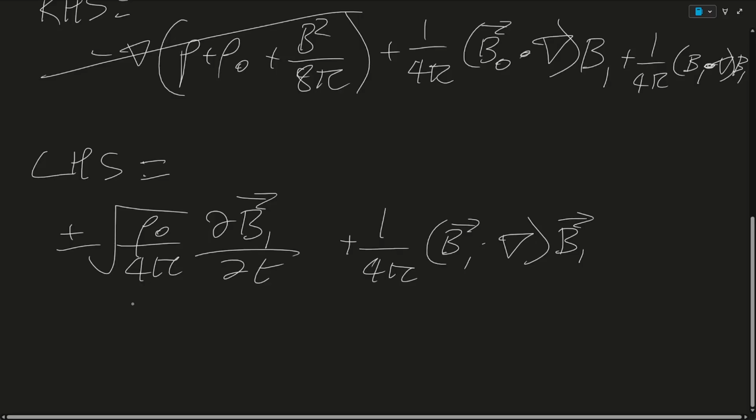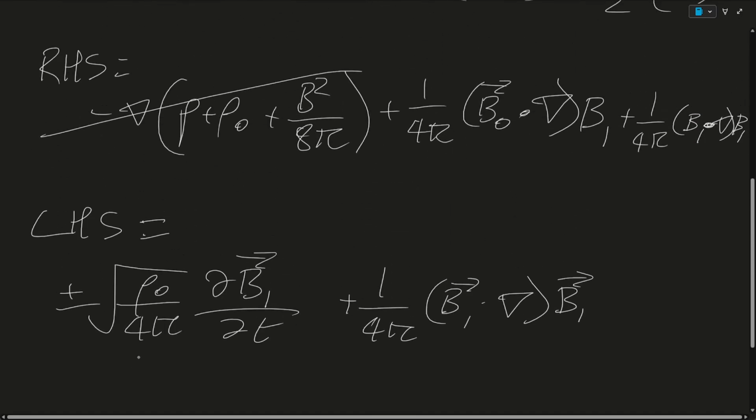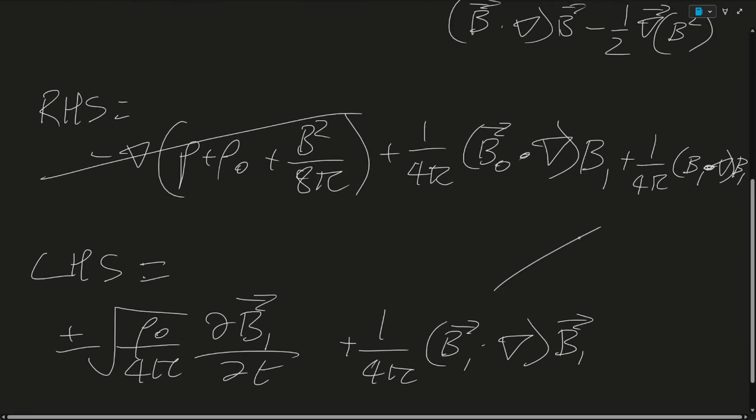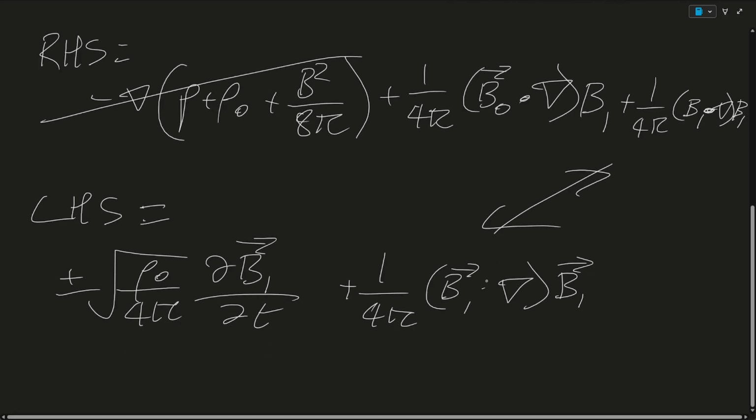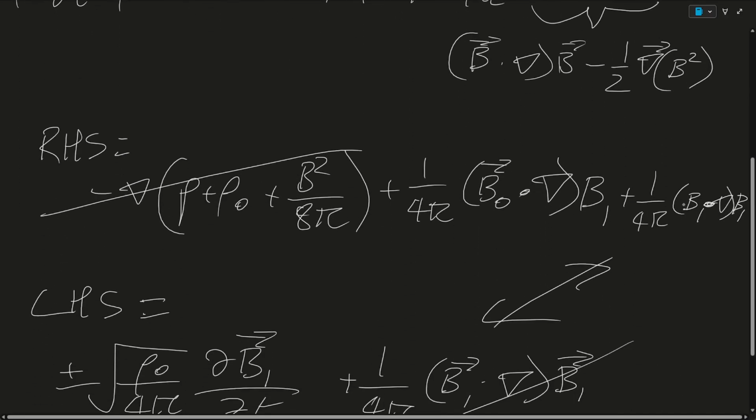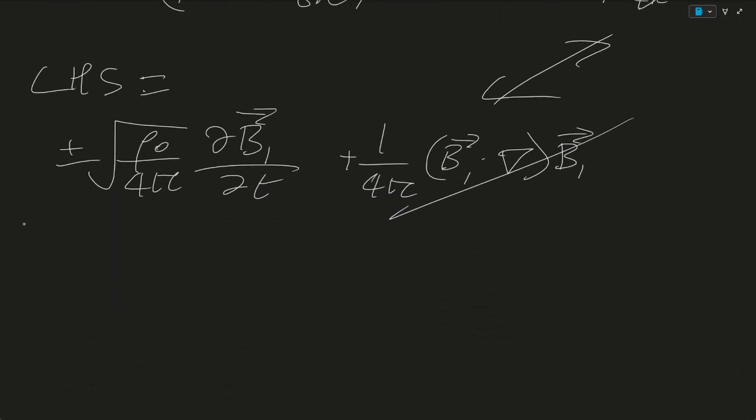Nice. Which means we can make things cancel, because those two are on both sides. So that will cancel out. And then we are left with the final equation.